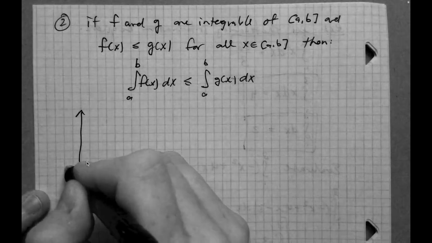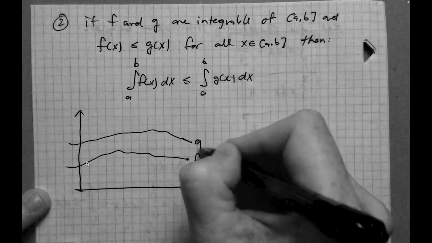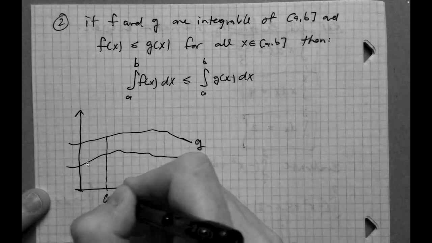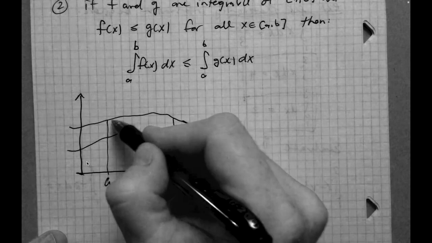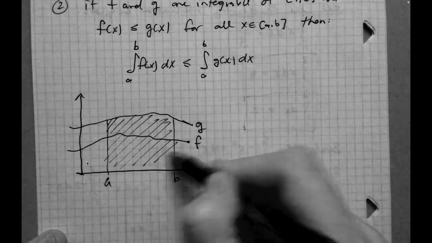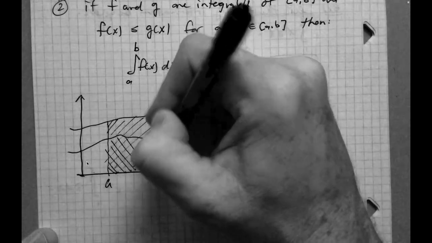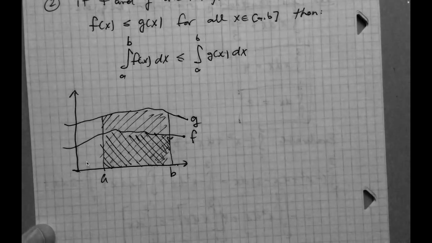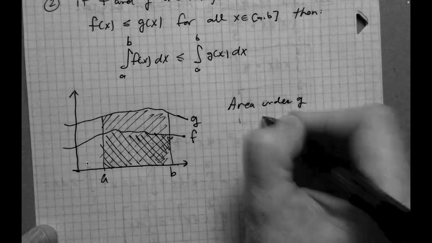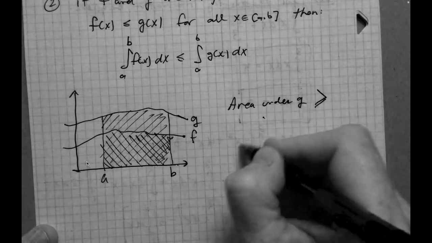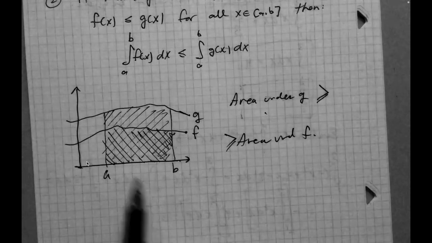If I have some function f like that and some function g like that, and I'm interested in a to b, then it's rather obvious, I hope, that this is the area under G, and this is the area under F. And so the area under G is greater than or equal to the area under F. That's visually very intuitive.